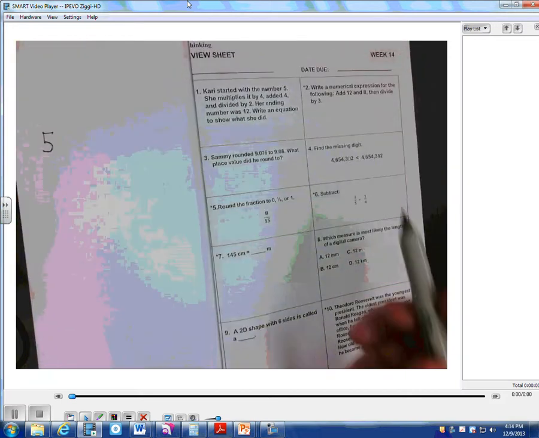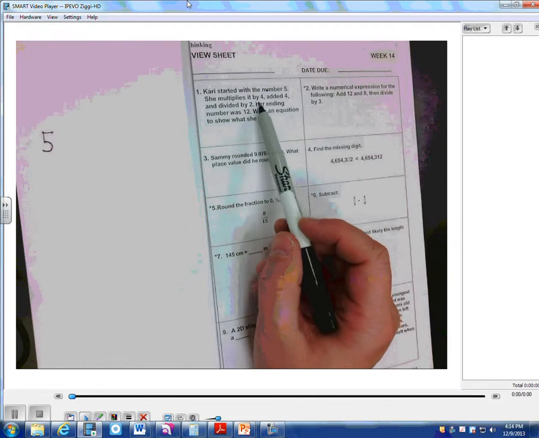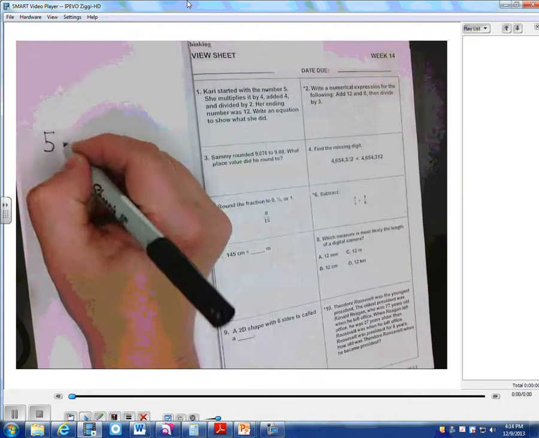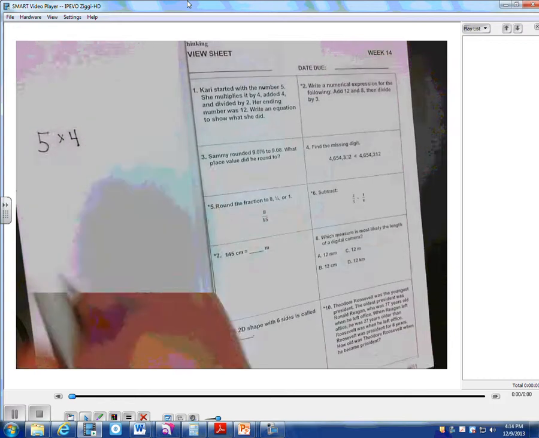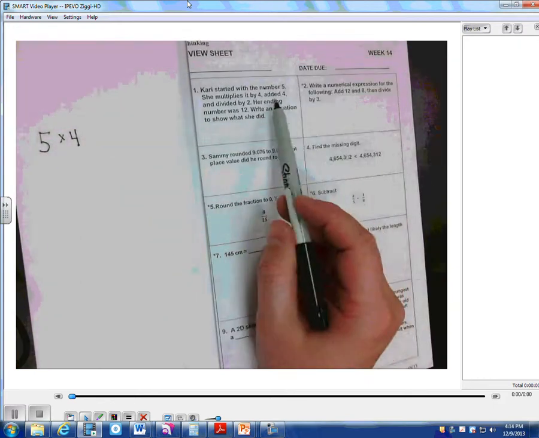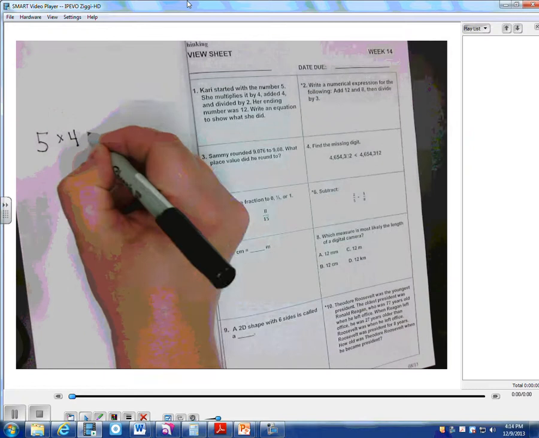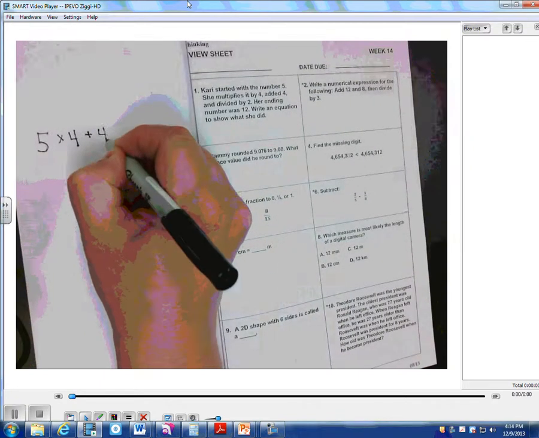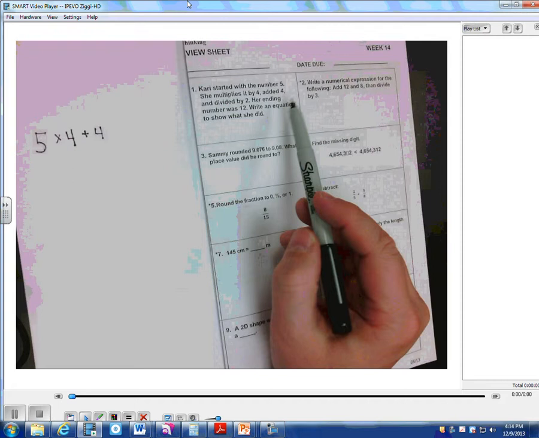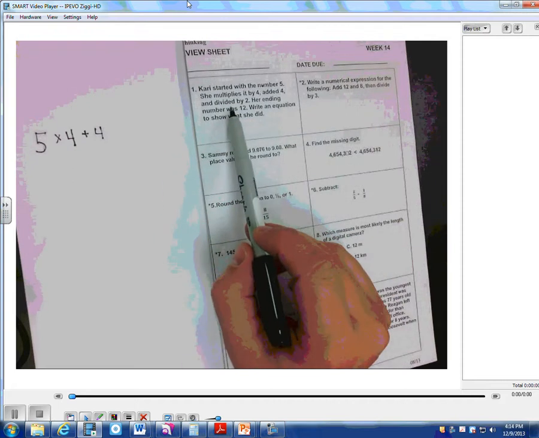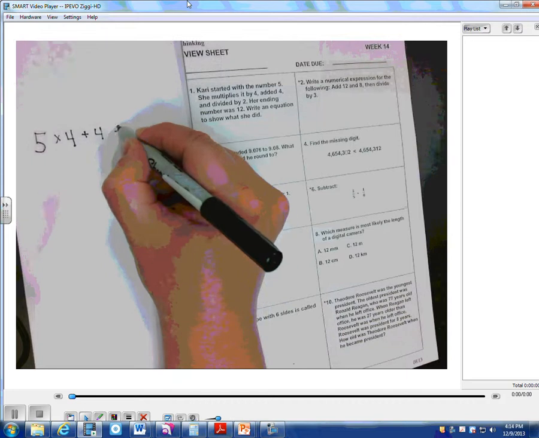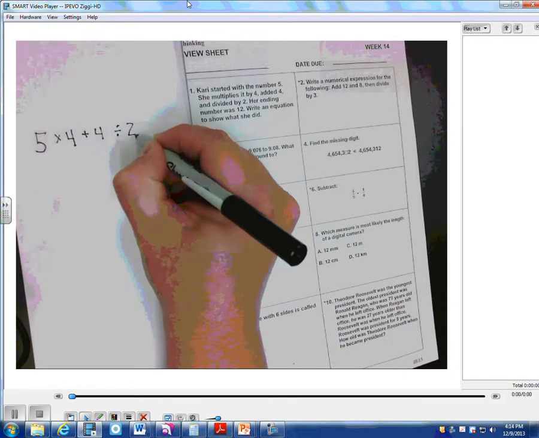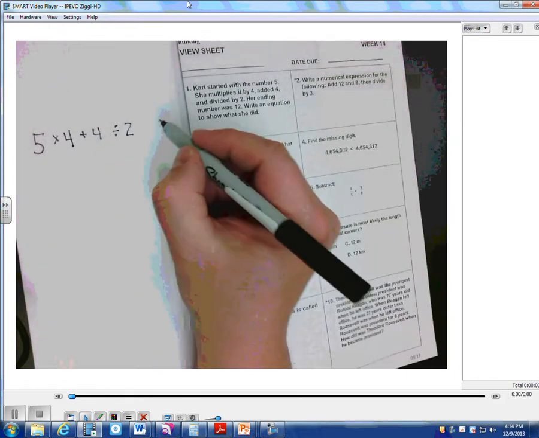It says she multiplies it by 4, so I'm going to multiply by 4. Then add 4. And then divide by 2. Okay? And it says her answer was 12.